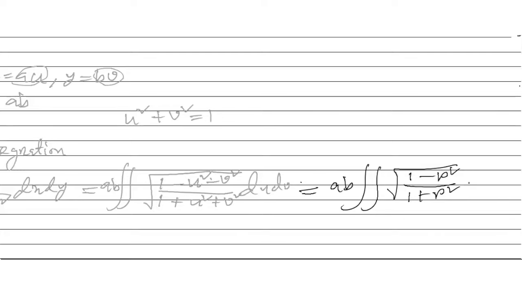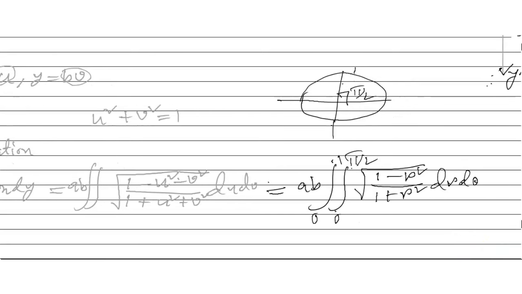If we consider the circle, then theta goes from 0 to pi by 2 and r from 0 to 1, with dr d theta. Just changing the double integration rule.